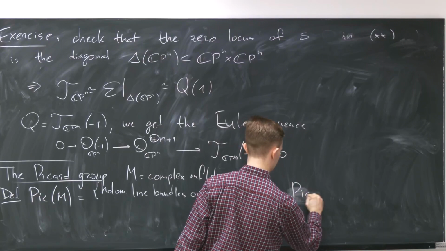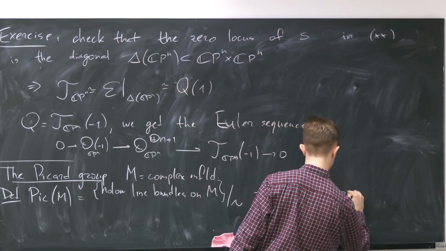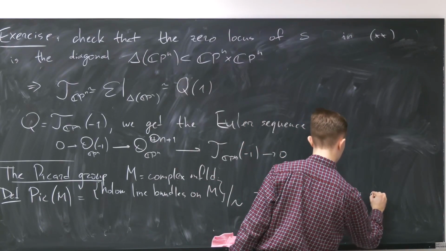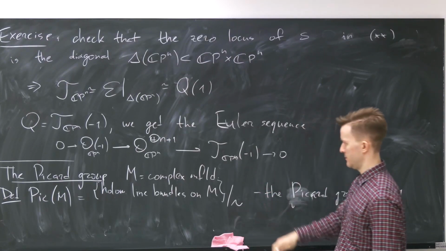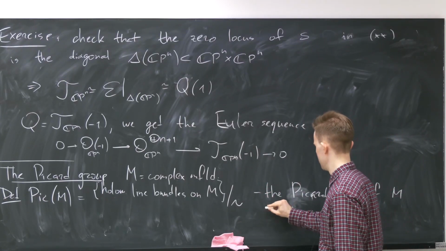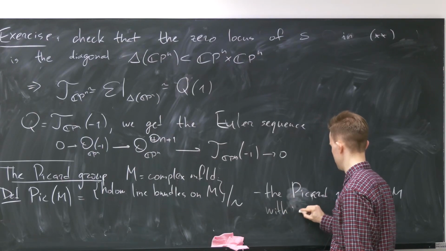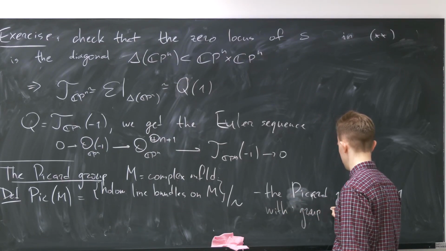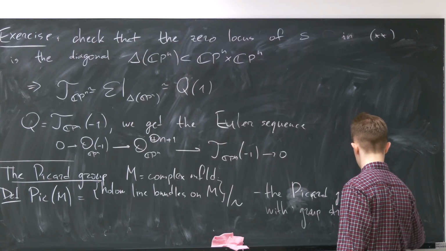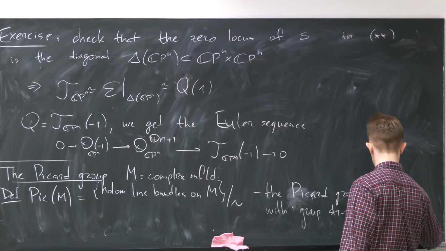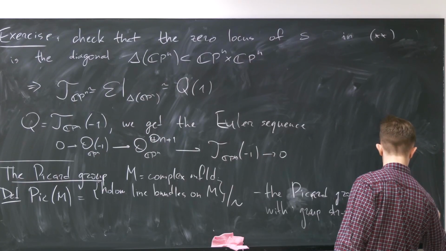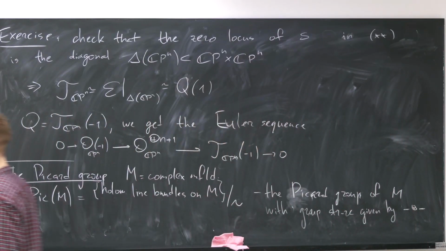The group structure is given by tensor product. A tensor product of two line bundles will again be a line bundle, and the inverse is given by the dual bundle.